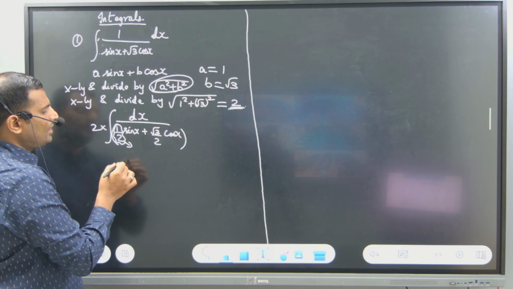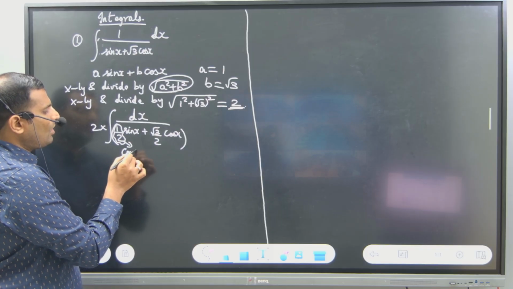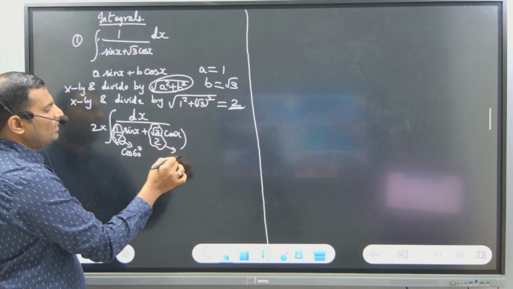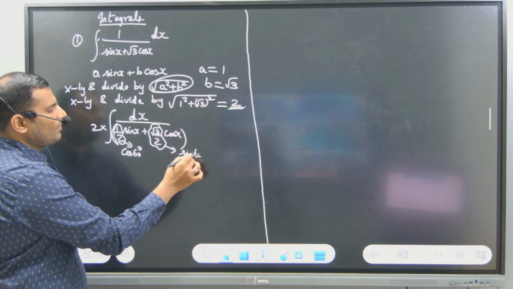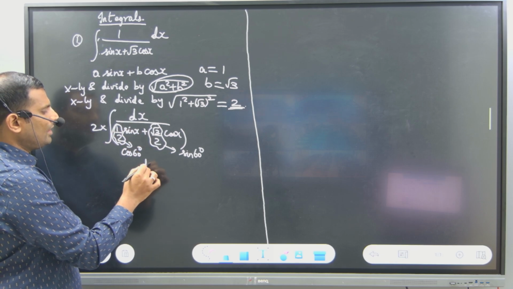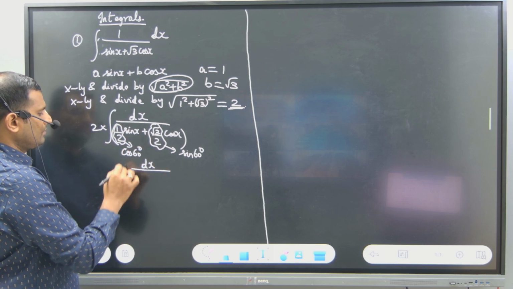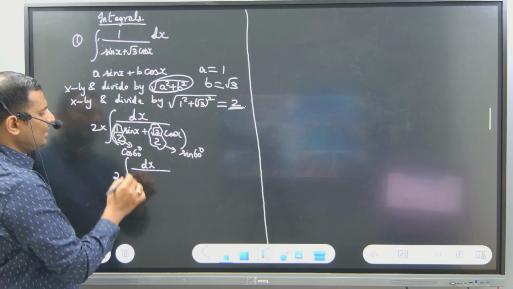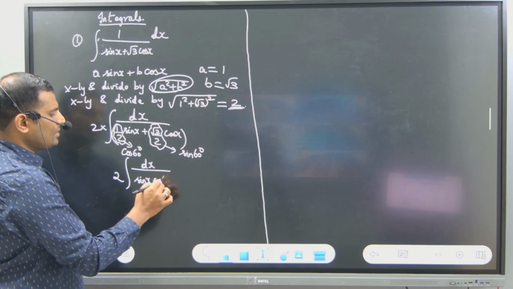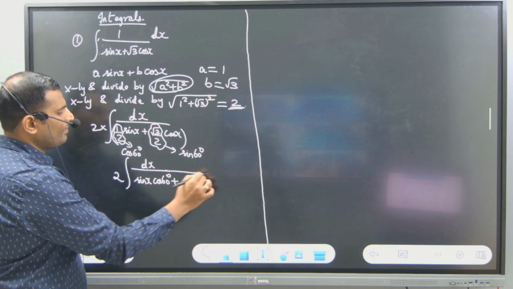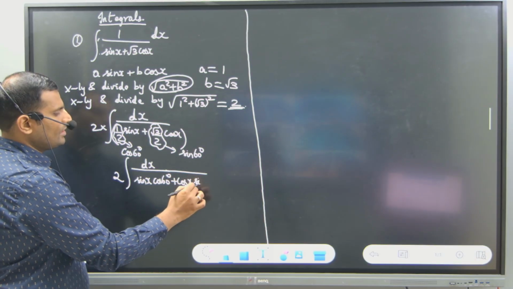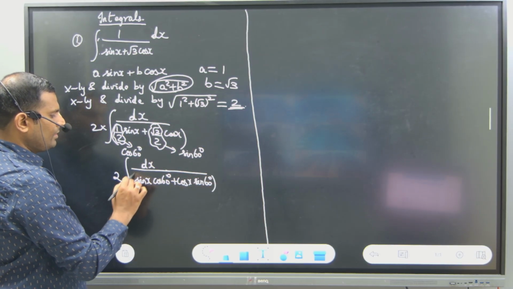Half is looking like sine 30 or cos 60, and root 3 by 2 is looking like sine 60. Now can you modify this? This becomes sin x cos 60 plus cos x sin 60. This is what we get.